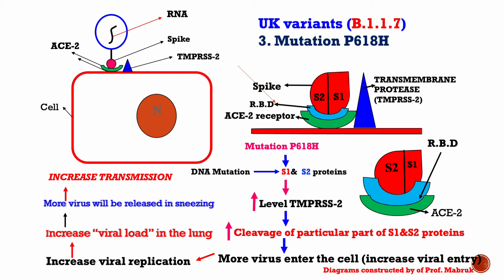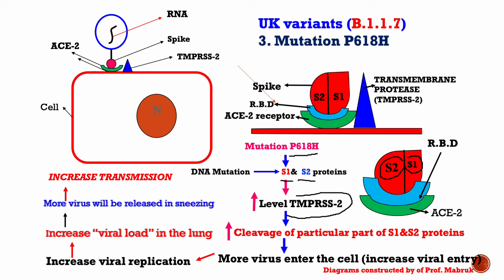This mutation, as I mentioned, which we call P618H, results in changes in the S1 and S2 components of the spike protein of the coronavirus COVID-19. This mutation in the S1 and the S2 components of the spike proteins of the coronavirus COVID-19 will result in the increase in the level of the transmembrane proteases.